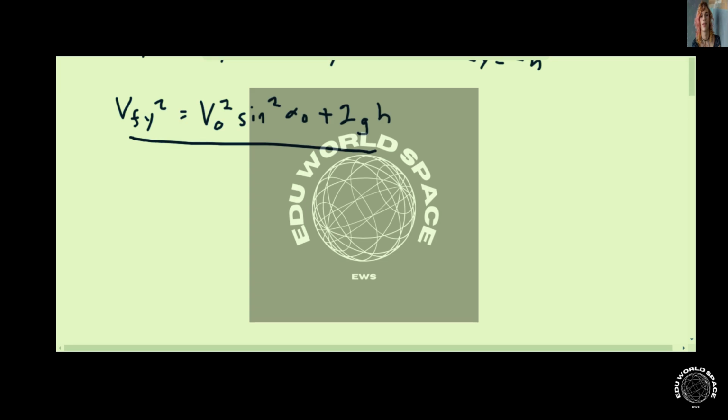Now, let's make our triangle. Here's the x component and the y component, and we're looking for this diagonal, and we're going to find the diagonal by using the Pythagorean theorem.